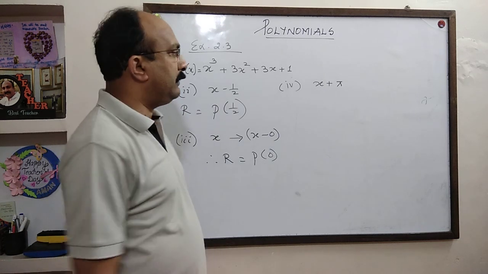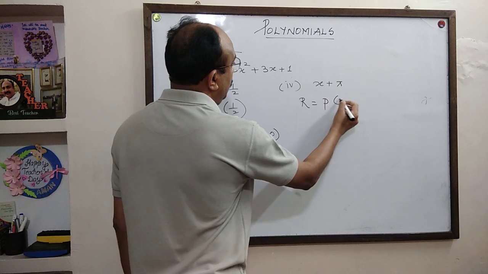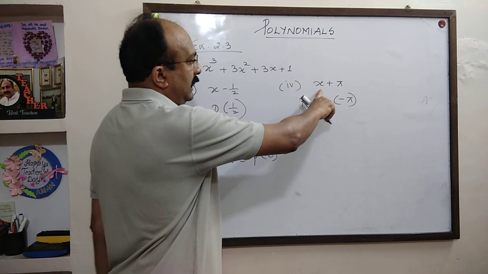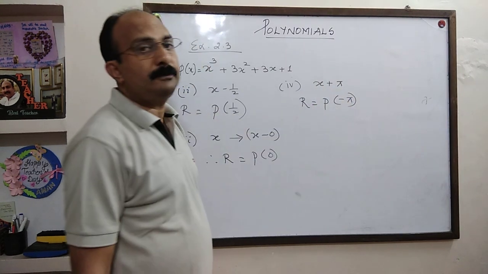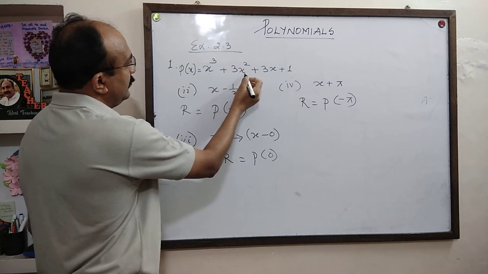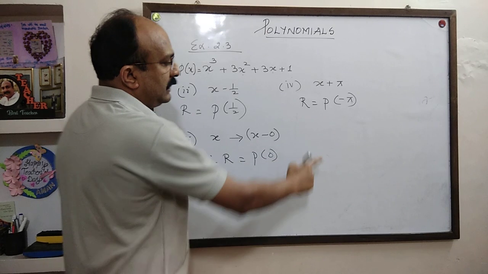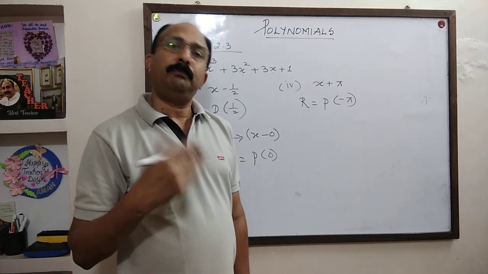So using remainder theorem, remainder will be p of minus pi, since it is x plus a. Now wherever there is x, put x equal to minus pi. So this time your remainder will come in terms of pi.